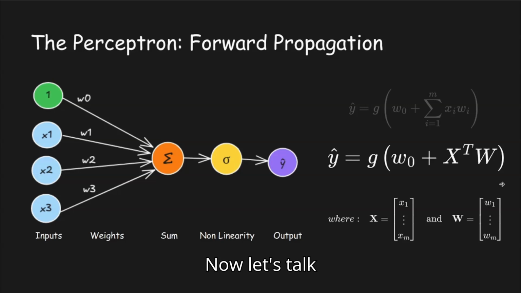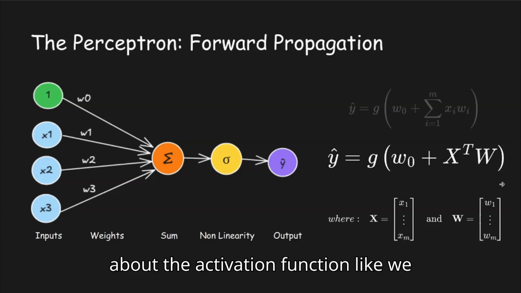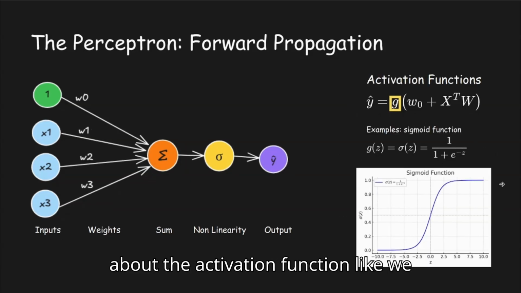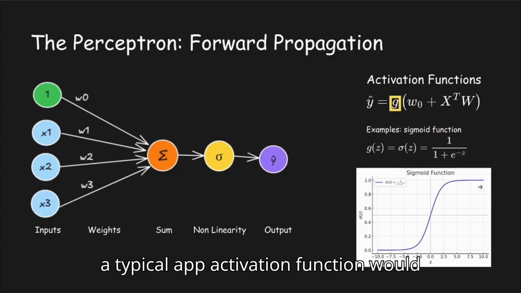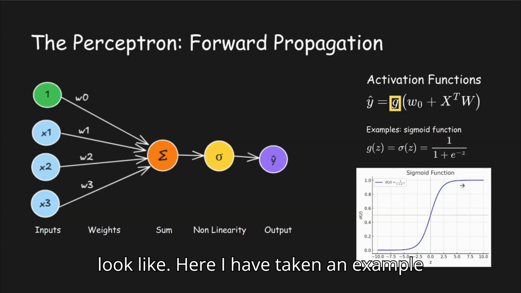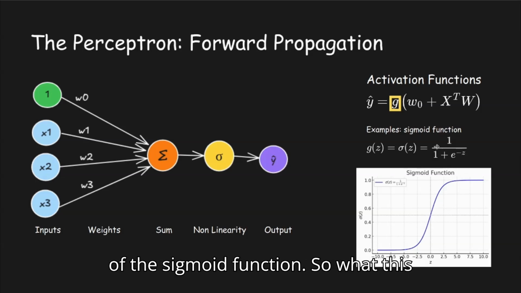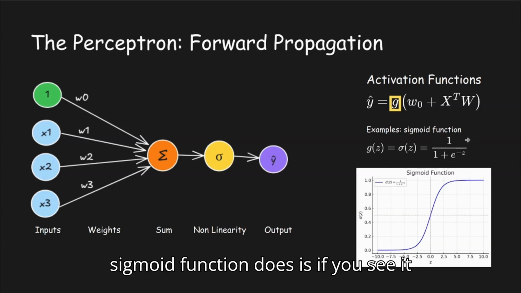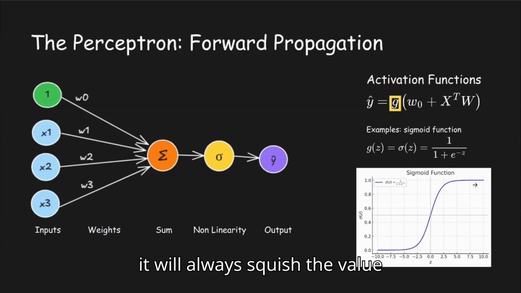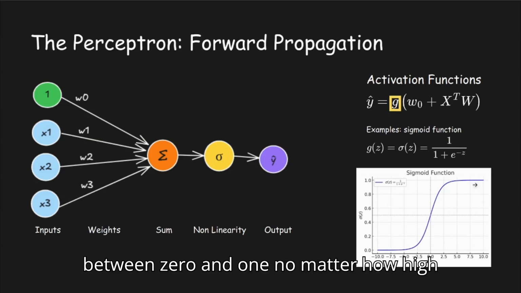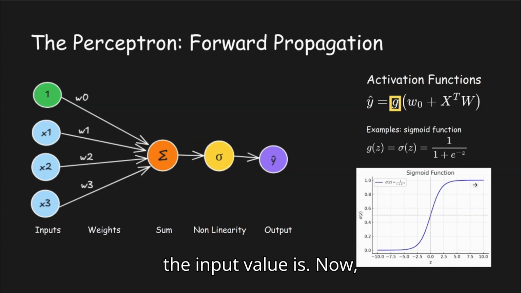Now let's talk about the activation function like we discussed. This is what a typical activation function would look like. Here I've taken the example of the sigmoid function. What this sigmoid function does is, it has a special characteristic: it will always squish the value between 0 and 1 no matter how high the input value is.